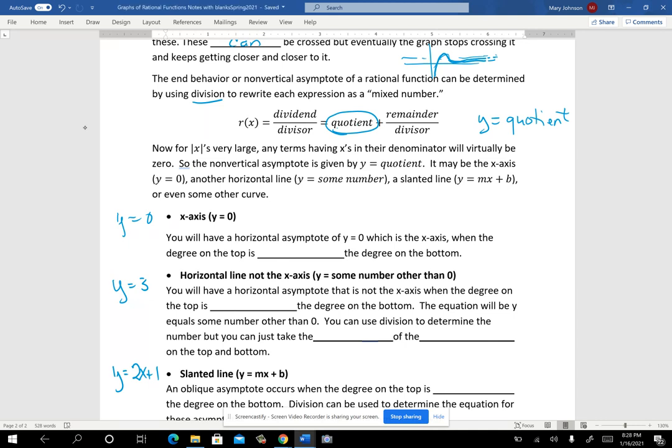Okay, so what this means here is when x gets really big, when you let x get really big in the positive direction or really big in the negative direction, then if you have any terms where you have x's in the denominator, they'll be virtually 0. Okay, so think about that.